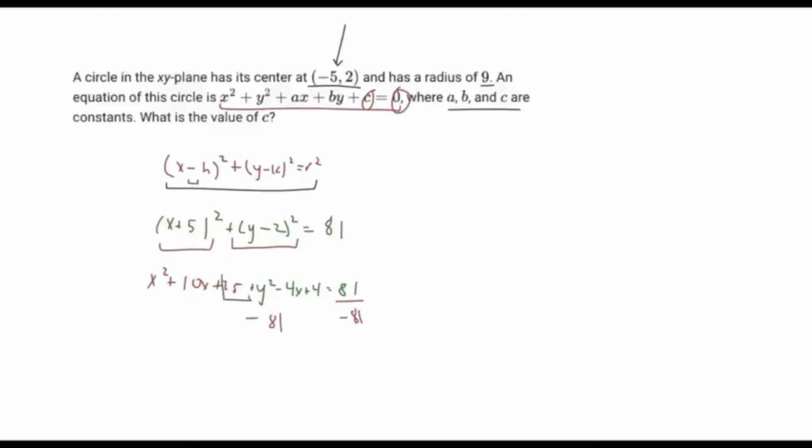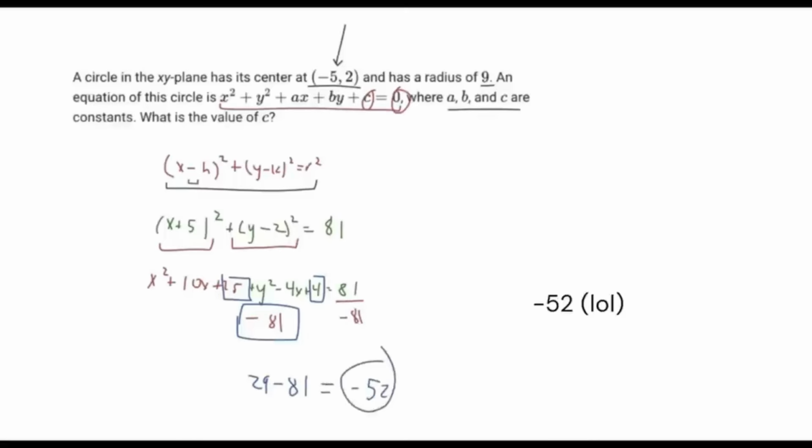We have a positive 25 here, a positive 4 here, and then a negative 81 here. So here we just have 29 minus 81. And 29 minus 81 will give us a value of negative 52. And therefore we can determine that the value of c here is just going to be negative 52.